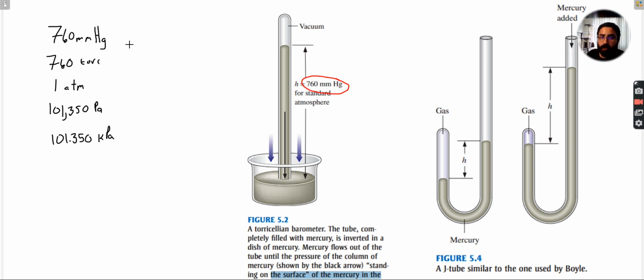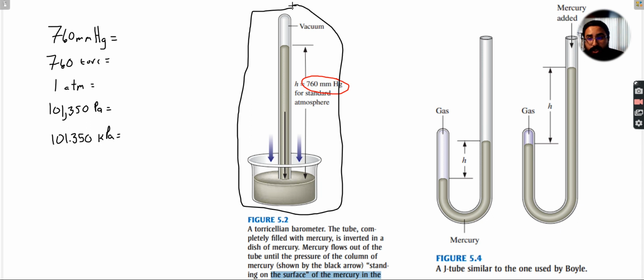So you're going to have to know these units, and you should be able to interchange between them. So all of these are equal, by the way. So in the future, you can make a conversion factor with any of them on top and the other on the bottom. It doesn't matter which.